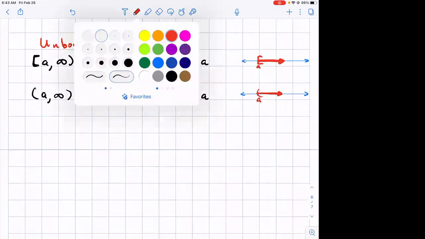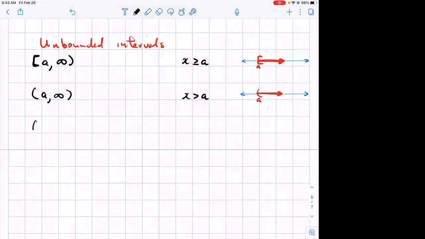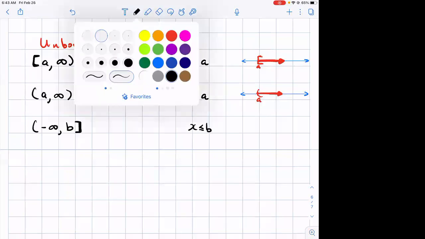We can do this also with some negative. We have negative infinity, comma, and let's use a different letter, B, and here we have a bracket. So we say X is now less than or equal to B, because now we're looking at the negative side.